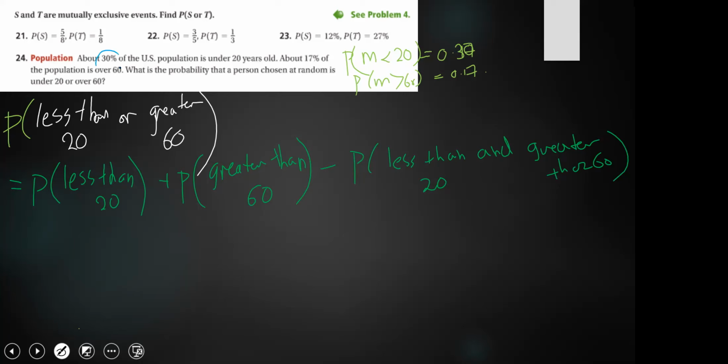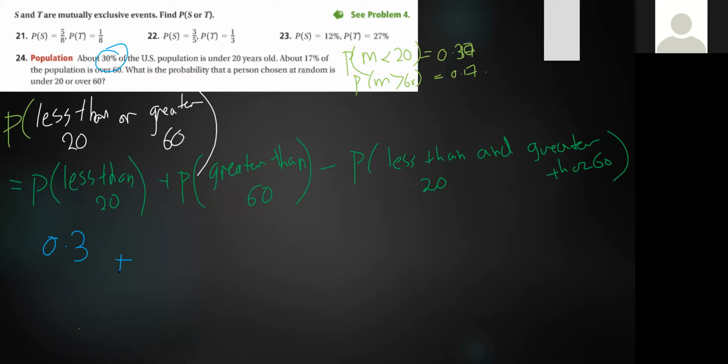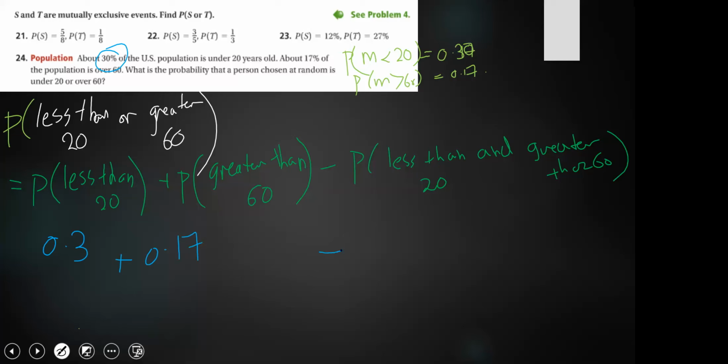From the question, it's 0.3. And what is the probability of a man greater than 60? 0.17. Now, what is the probability of a man less than 20 and greater than 60?